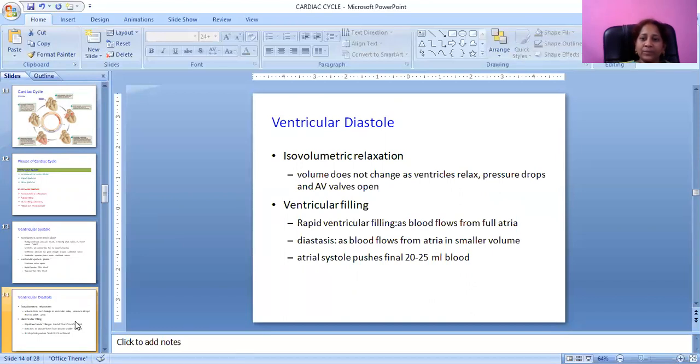Pressure drops and the AV valves open. Ventricular filling. Rapid ventricular filling as blood flows from atria.